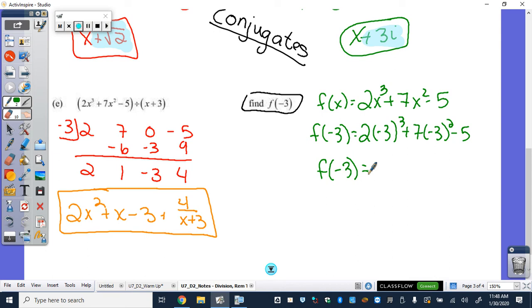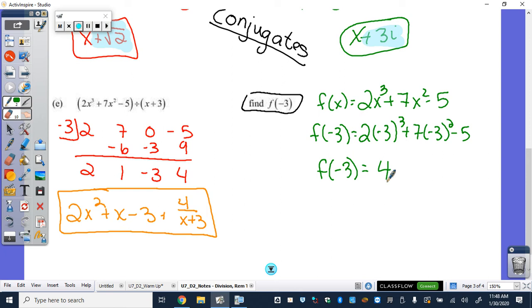So 2 times negative 3 cubed plus 7 times negative 3 squared minus 5. Anybody get it yet? 4.